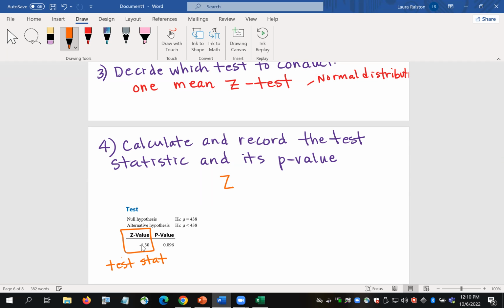Okay, so my Z is negative 1.30, and then it gives me the corresponding p-value, which is 0.096. Okay, so from that printout, I can read my Z test statistic and its corresponding p-value.